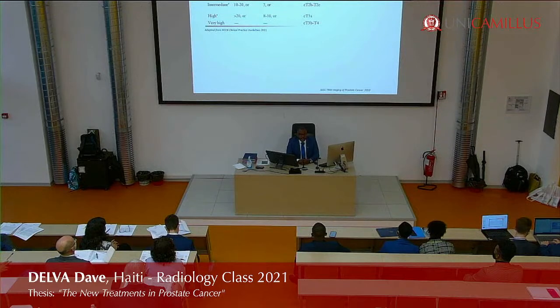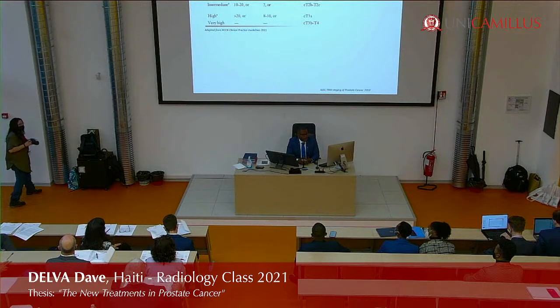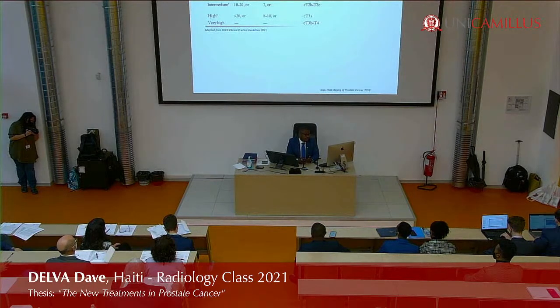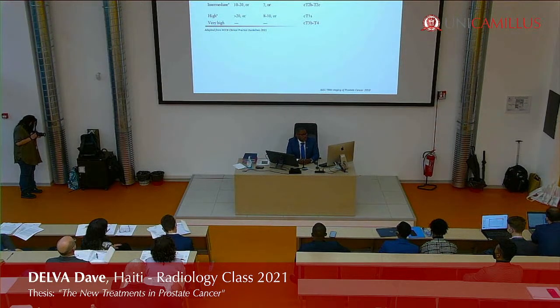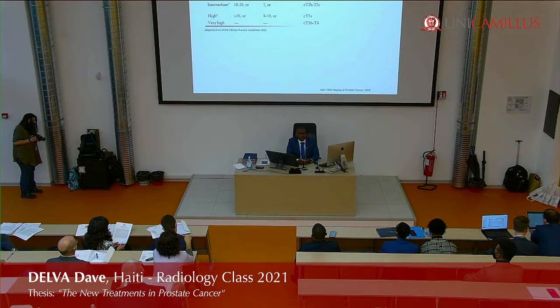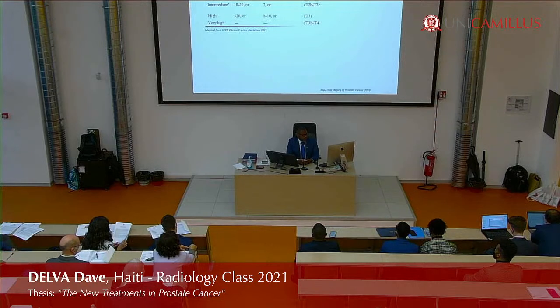In order to assign a risk and to decide on the treatment strategy, there are some parameters to take into consideration. The first one is the PSA value, the Gleason score, which represents how the cancer cells are proliferating, and also the tumor extension assessed by means of the digital rectal examination.